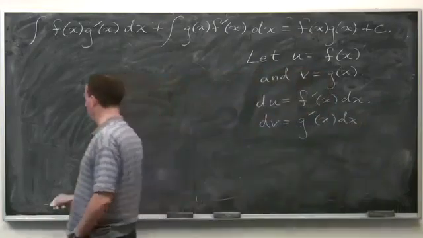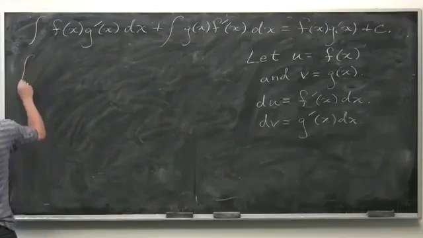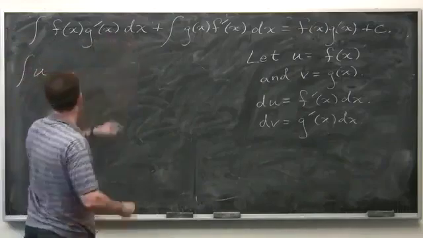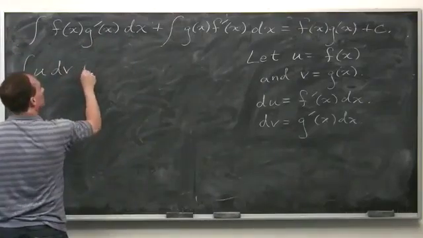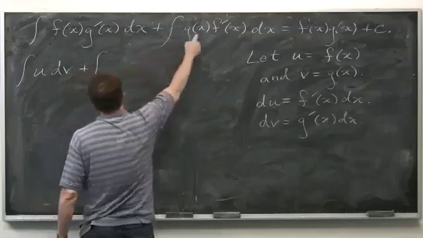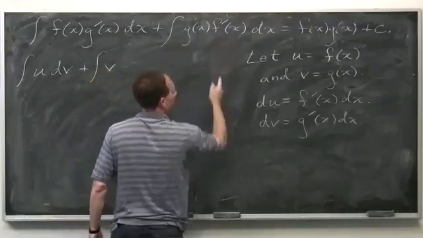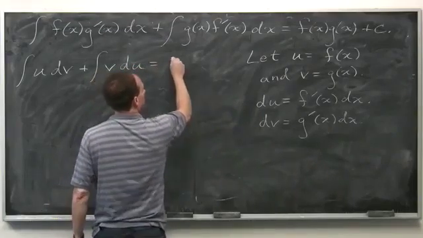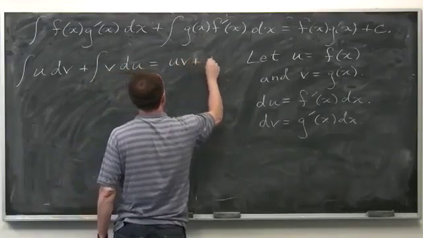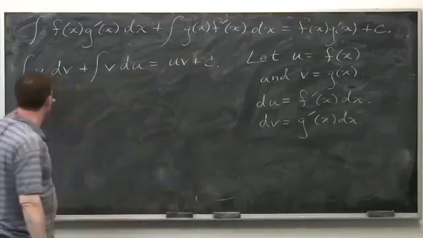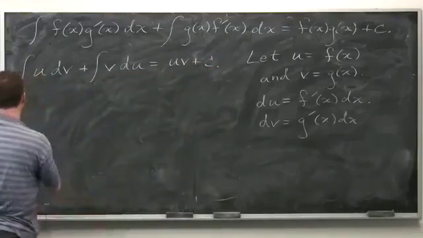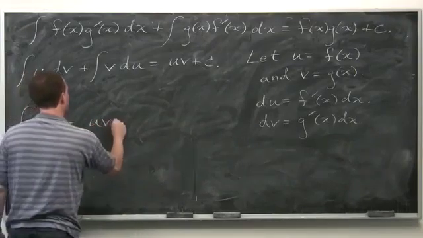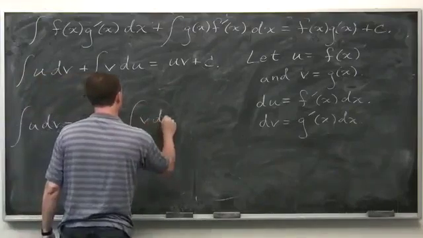And so this formula becomes, f of x is u, g prime of x dx is dv, plus g of x is v, f prime of x dx is du, and then it equals f of x times g of x, that's u times v plus a constant. And then you put this part on the other side, and you get the integral of u dv equals u times v minus the integral of v du.